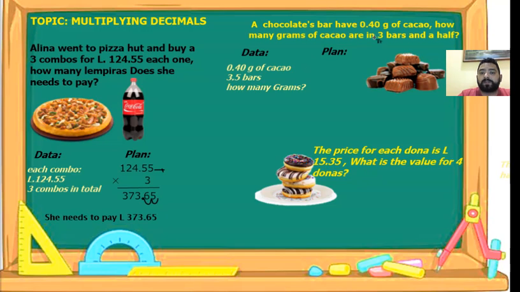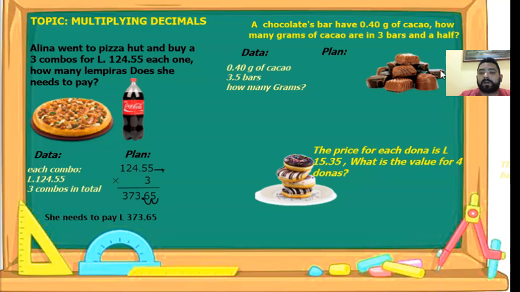So we are going to represent it as 3.5. And the question is, how many grams of cacao do the 3.5 bars have? In this case, we are going to multiply those quantities.